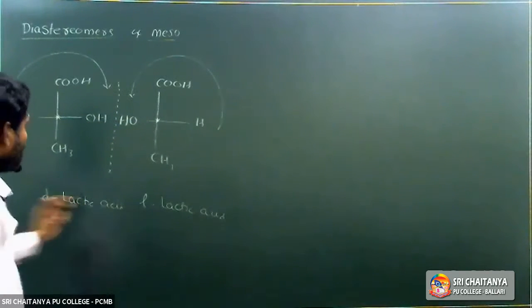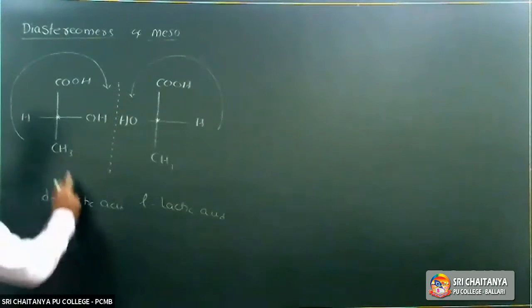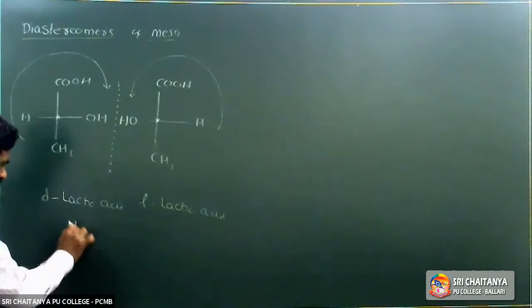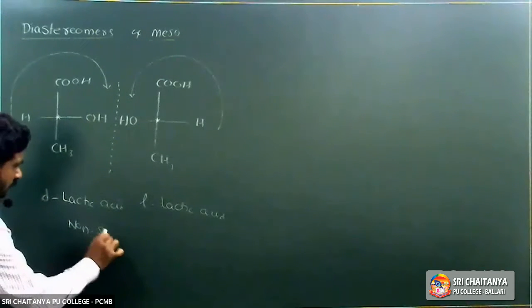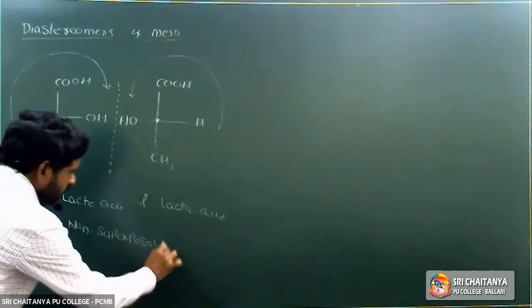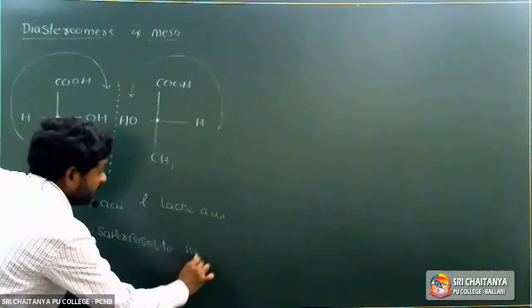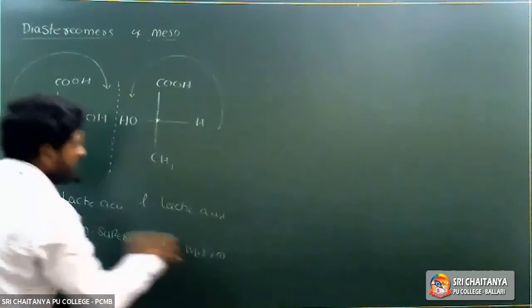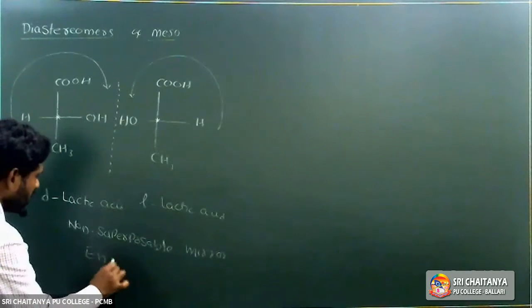So these two are called enantiomers, because non-superimposable mirror images are called enantiomers.